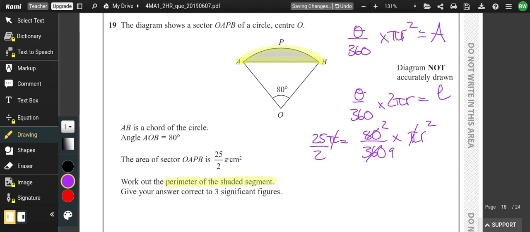So I can times both sides by 9. And I get 225 divided by 2 is equal to r squared. So r is the square root of 225 over 4. 225 over 4 square rooted is 7.5. So the radius of this is 7.5 there.